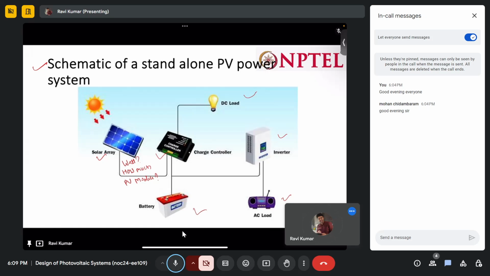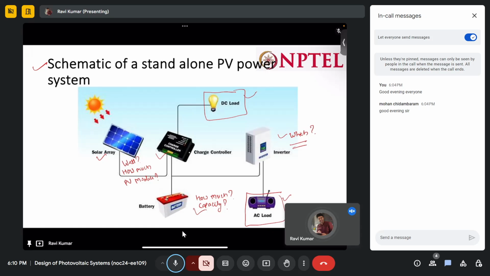Battery, same: how many batteries and what capacity. The AC and DC loads are the fixed components of our home, and for the inverter we see which inverter we should utilize. These are the questions which come from this designing piece.